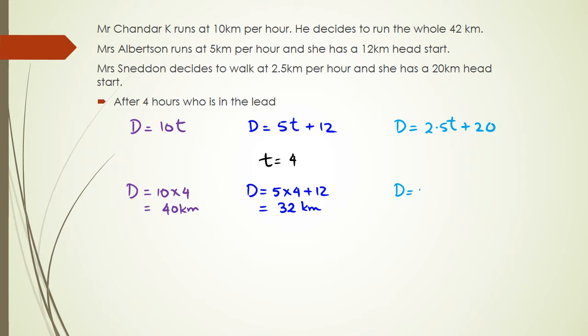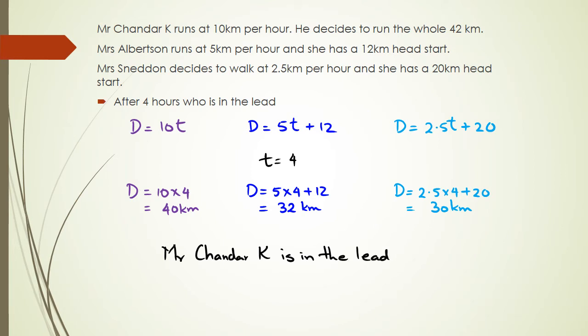And as for Mrs. Snedden, we have 2.5 times 4 plus 20, and we're going to get 30 kilometers. So at this point, you can see that Mr. Chandikay is in the lead, so you have to write that down. Okay, and that's pretty much it for this part of the question. Okay, the next part.